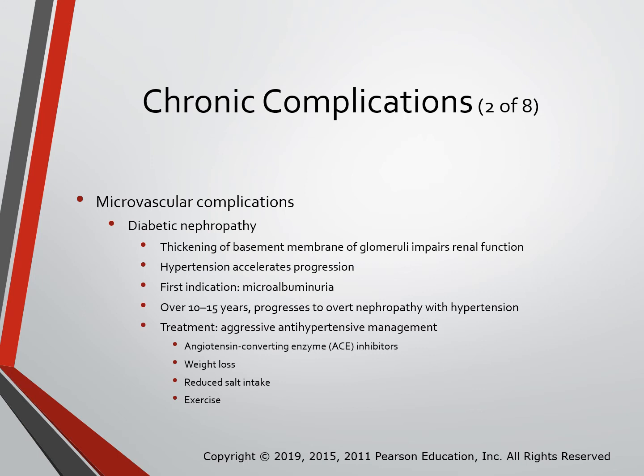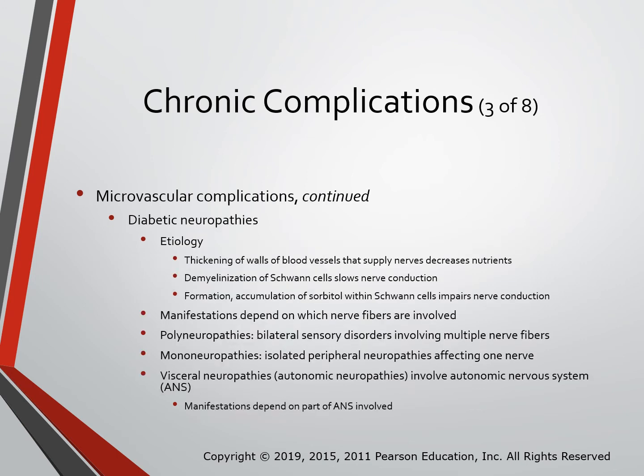And then there's diabetic neuropathy, and I want to spend just a few moments here because this is one that you see a lot with diabetes. You have peripheral and visceral neuropathies, or disorders of the peripheral nerves and the autonomic nervous system, and this is called diabetic neuropathies. The etiology of diabetic neuropathies includes thickening of the walls of the blood vessels that supply the nerves.